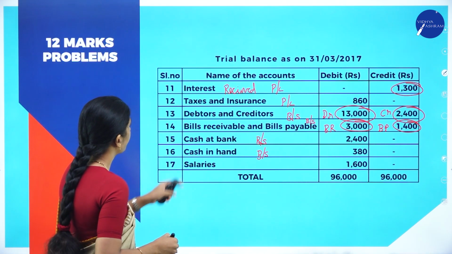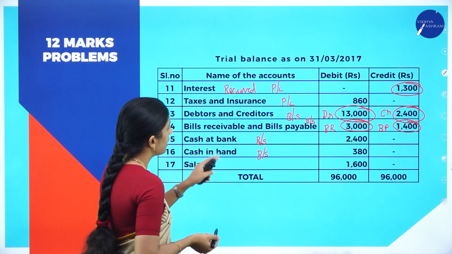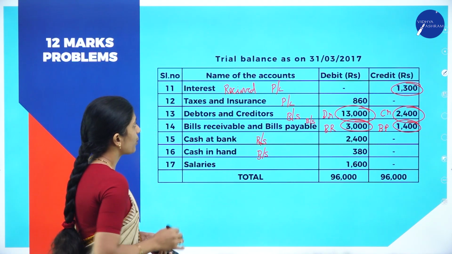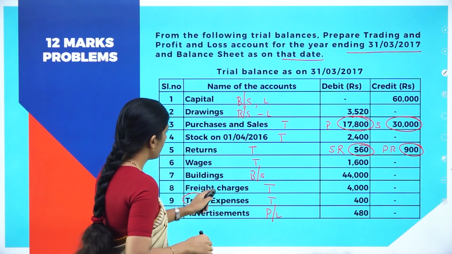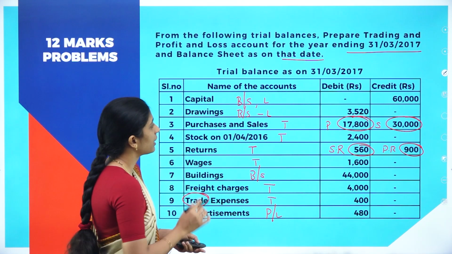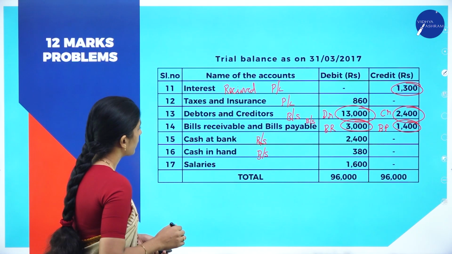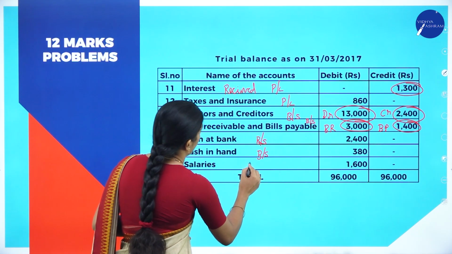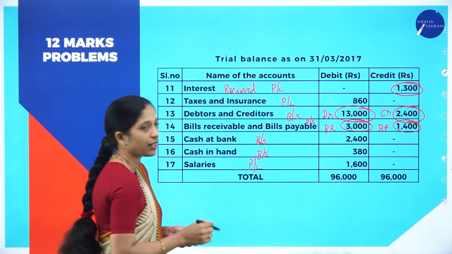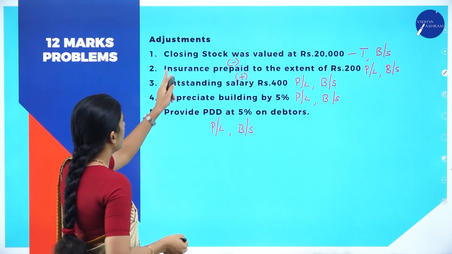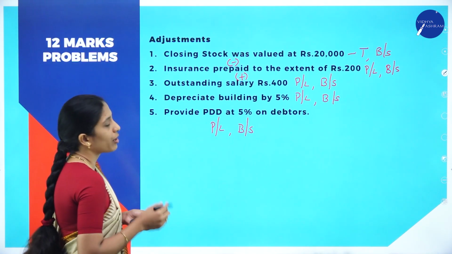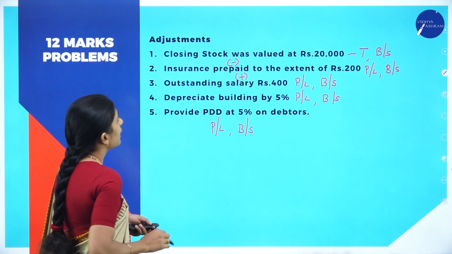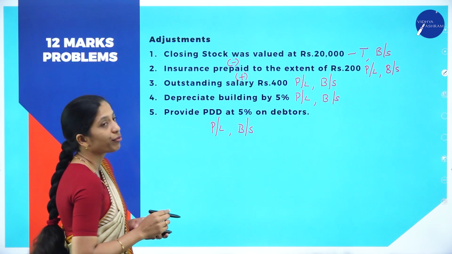Then we have debtors and creditors in the balance sheet. So everything is done. Once again we shall check: interest received, we are done. Advertisement, finished. Next, nothing in the adjustments. Salaries in P&L account is done, 1,600 add outstanding. Now we shall see whether we have recorded the adjustments at least once. Closing stock we are done in the trading account. Insurance prepaid to the extent of 200.